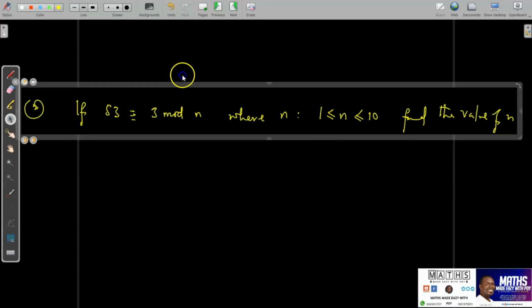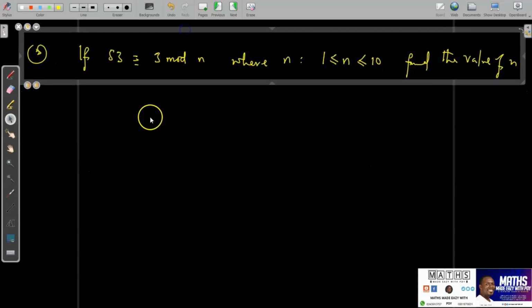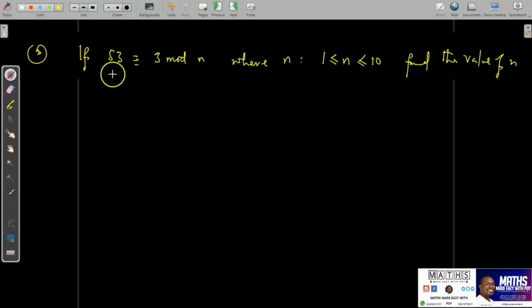Okay, so in this situation, what must we do? Yes, can someone take us through? First, we must do what? This is the same as 53 is equal to 3 mod n. Yes, what must we do first? So you subtract.